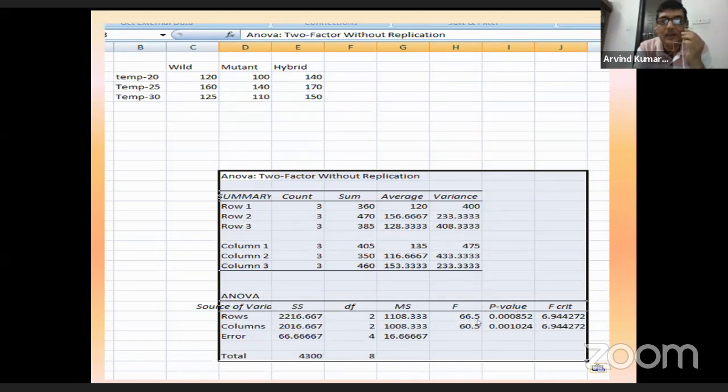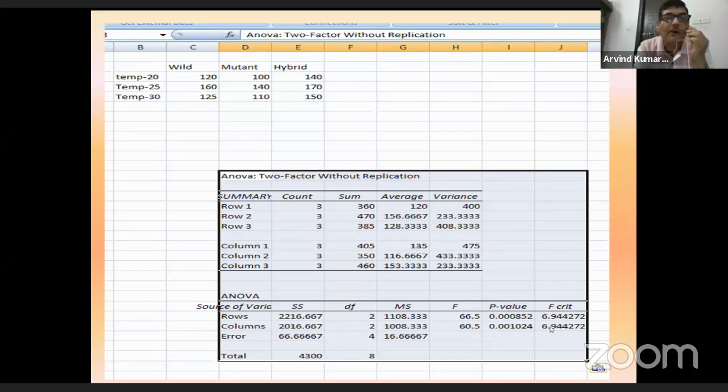The F calculated value is 66.5 and the critical value is 6.9. It means there is a very high difference among the mean values. Rows mean the temperature, so temperature has its effect on egg laying.